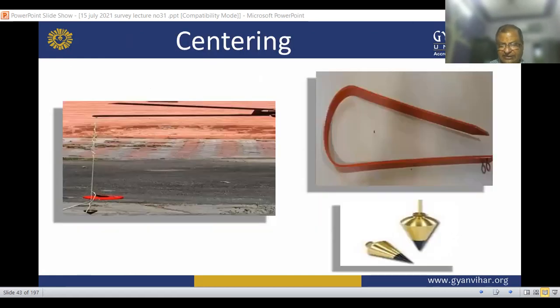This is centering. This is the centering instrument.